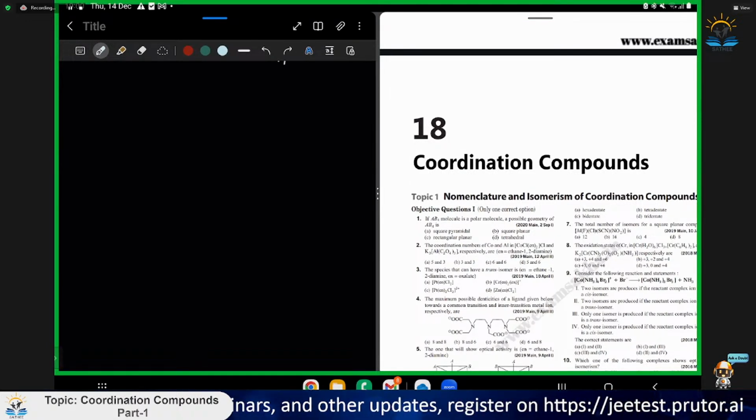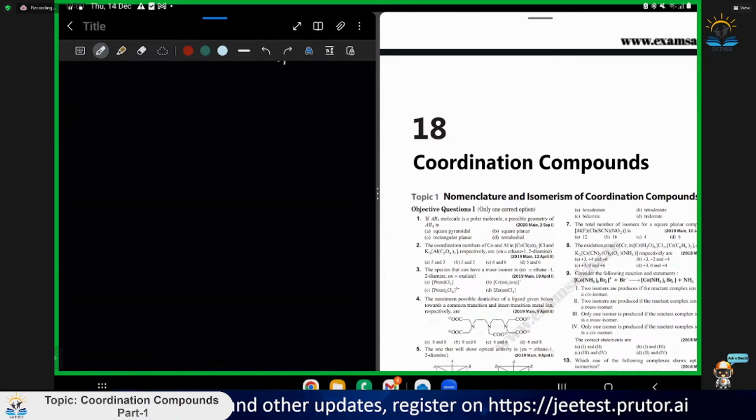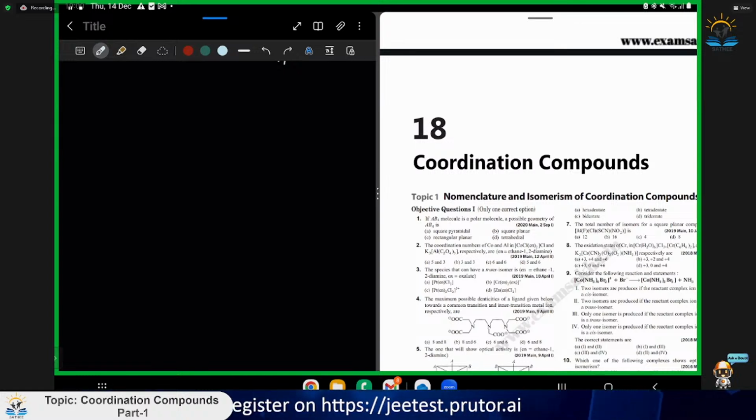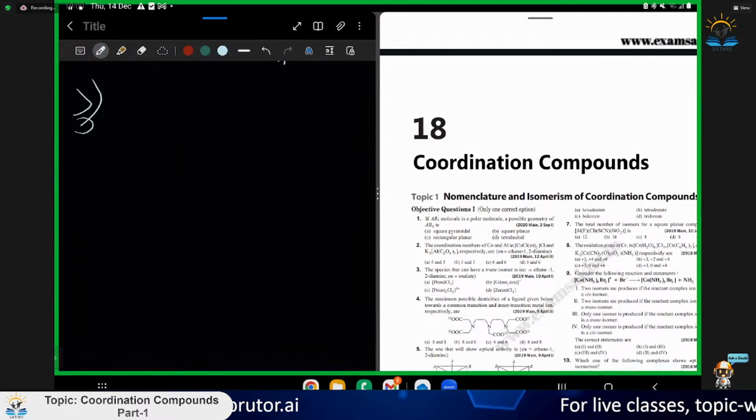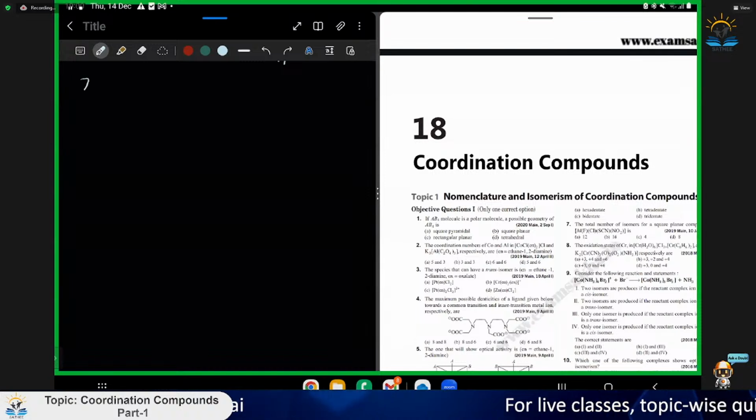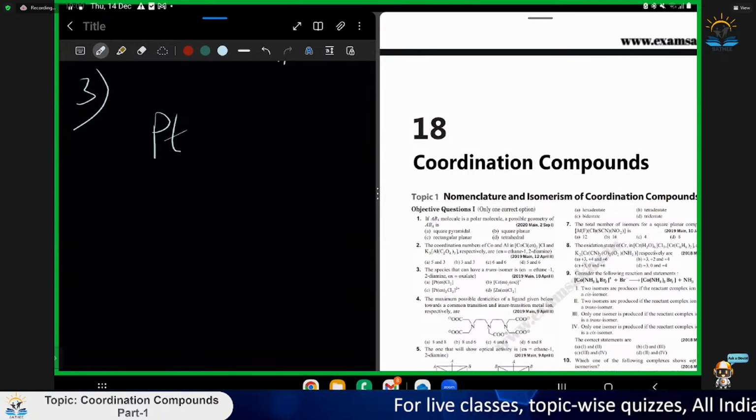All platinum compounds are square planar except for some, like PtI4 minus 2, which is tetrahedral and fairly unstable. So platinum complexes are mostly square planar.